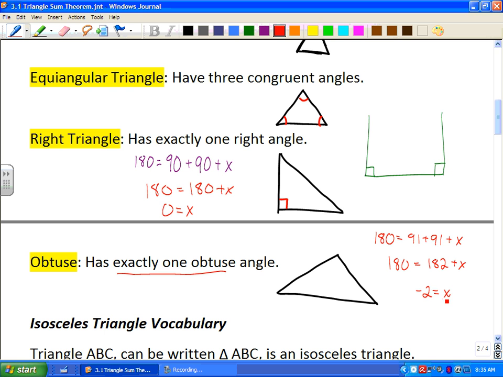That third angle would have to be x, wouldn't it? I mean, the third angle would have to be a negative angle. Do we have negative angles? We don't. So exactly one obtuse angle. And I could have done that with any obtuse triangle or any obtuse angle. I can't have more than one for that very reason.